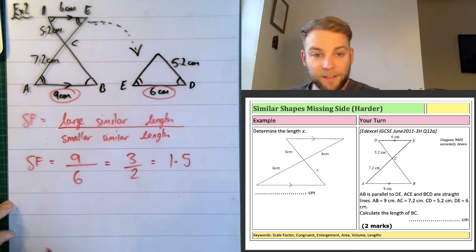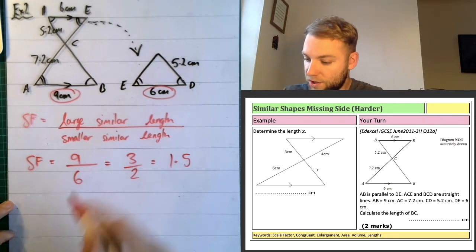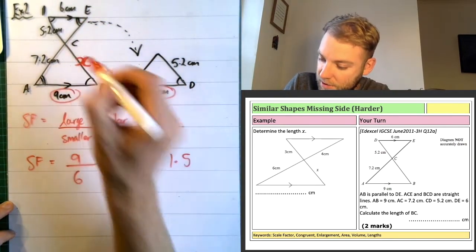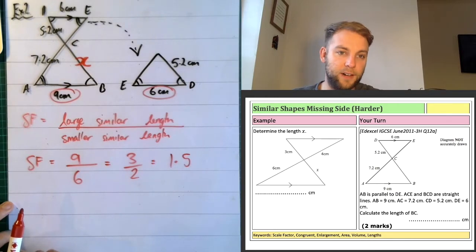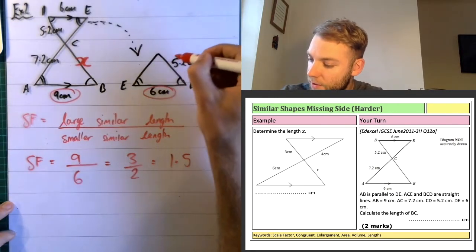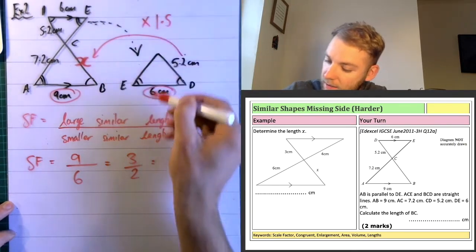Brilliant. And if I'm trying to find out, in this case, BC, which is this one here, it's almost exactly the same, this question, isn't it? So this is the one I'm trying to find out, B to C. I know that this one here is 1.5 times bigger, going from there to there.